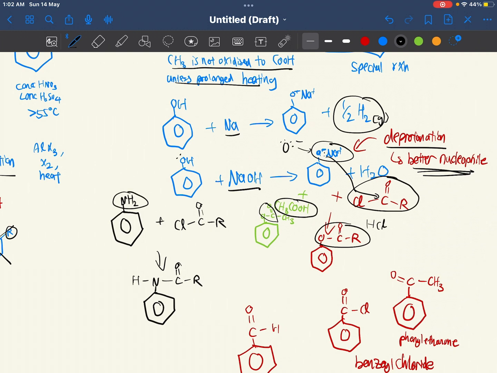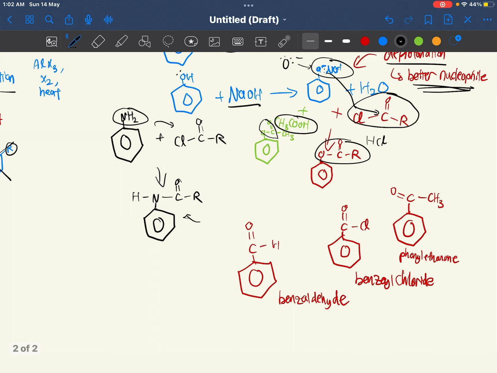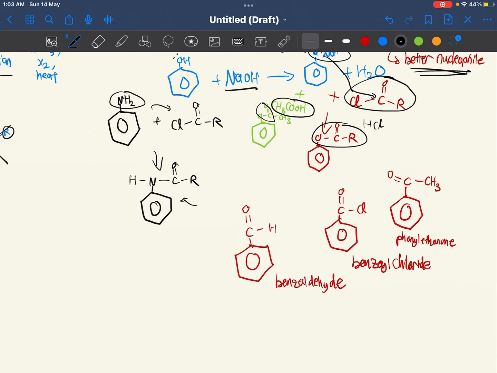And if I look at phenylamine, it's about the same thing. If I react with acyl chloride, I'll form an amide over here, phenylamide. So the rest of the possible substituents are called benzaldehyde, benzoyl chloride, and phenylethanone, as I mentioned earlier.